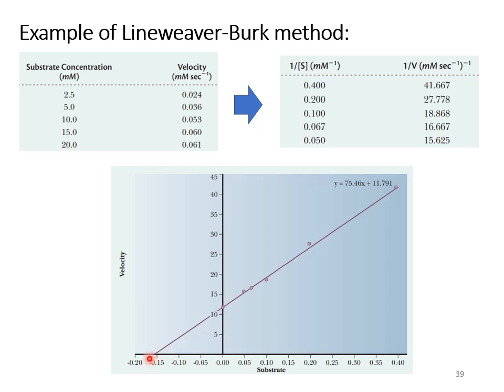Then you notice that the x-intercept is approximately minus 0.15 or minus 0.155. Okay, so the Km would be -1 over negative 0.15 or 0.155. Okay, whatever the intercept is over here.